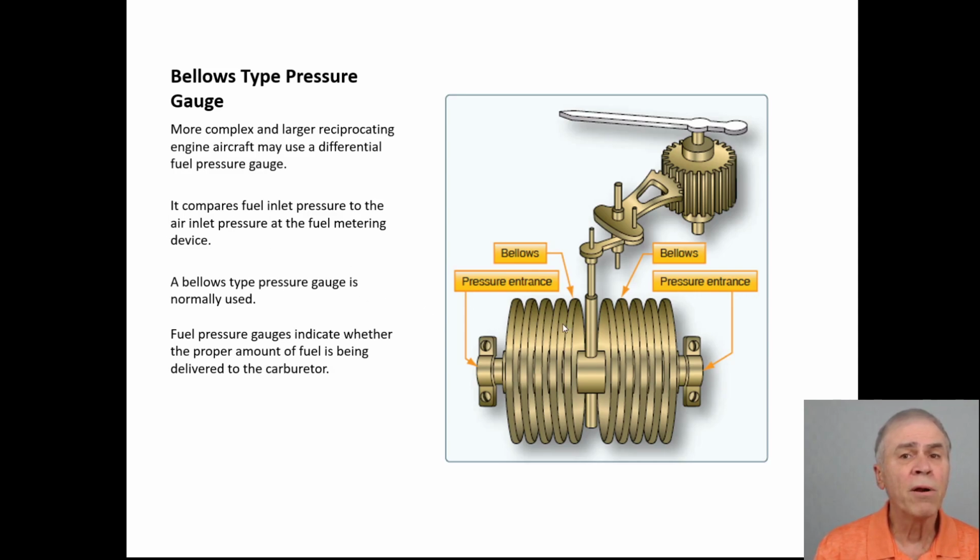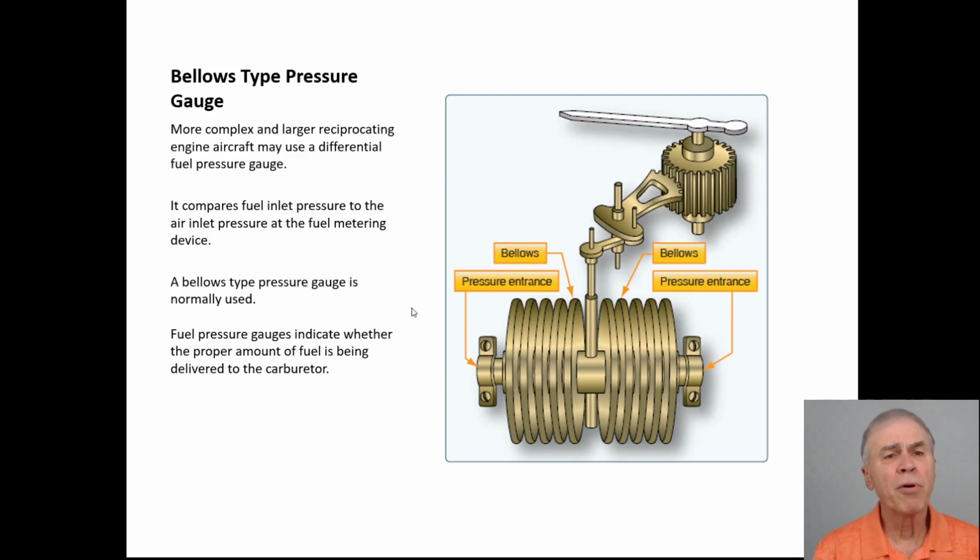What is the comparison? It's the fuel inlet pressure to the air pressure at the fuel metering device. All right, fuel inlet pressure, right? Where would that be? In the fuel tank? All the way to the fuel metering device, like the carburetor.